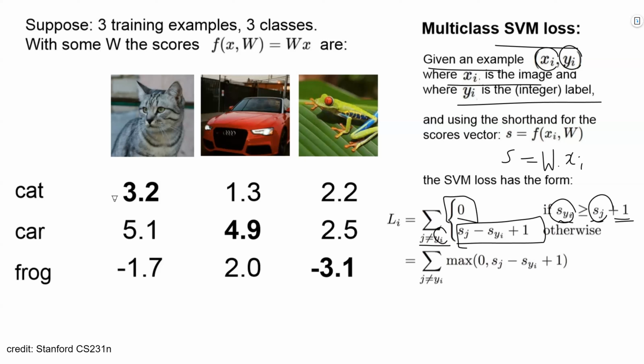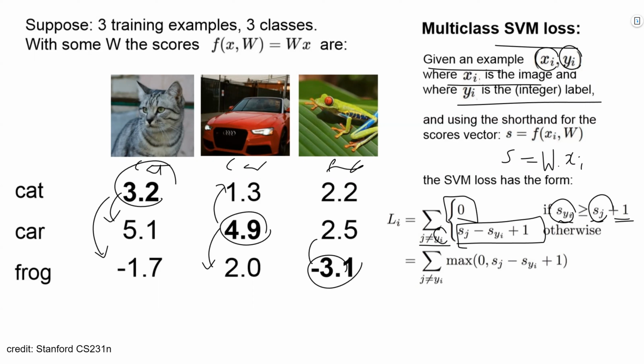So in this example, we are going to compare this. In this case, the ground truth is cat, and this one, the ground truth is car, this one, frog. And we're going to compare the score of cat with other scores. And in the case of car, we are going to compare this score with other class scores.